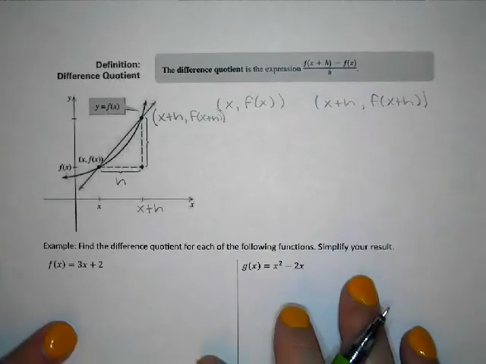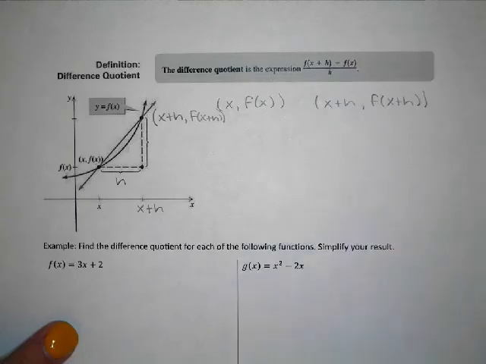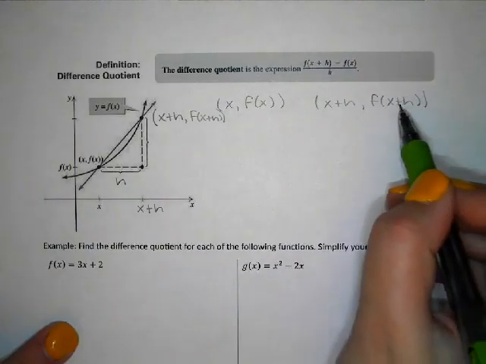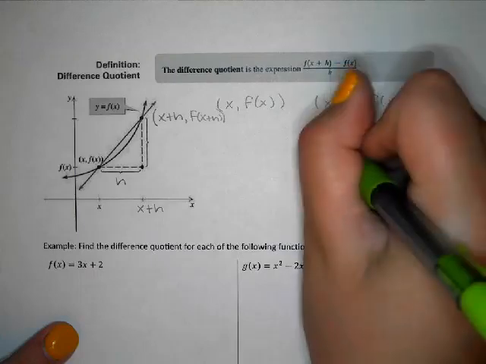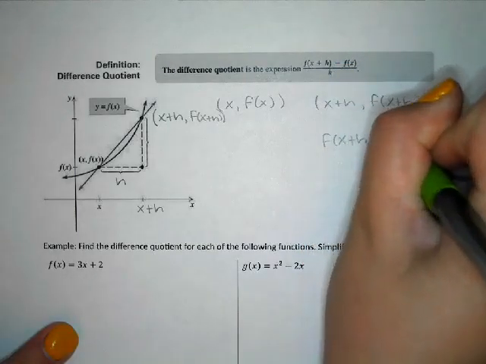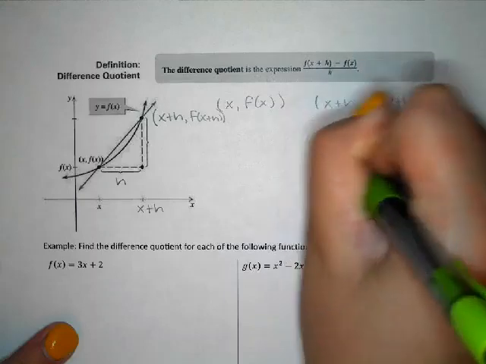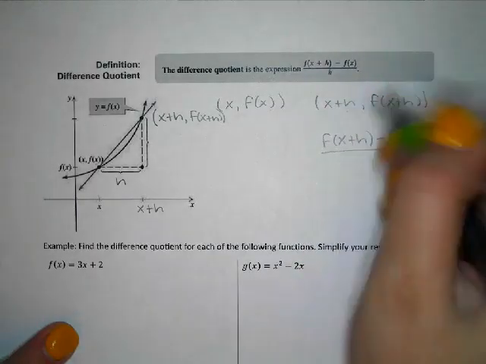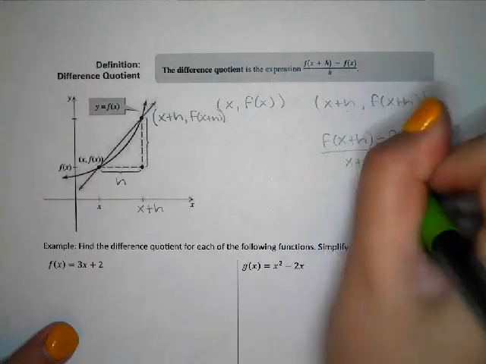And if we wanted to find the average rate of change between the two, we would just say the y minus the y divided by the x minus the x.